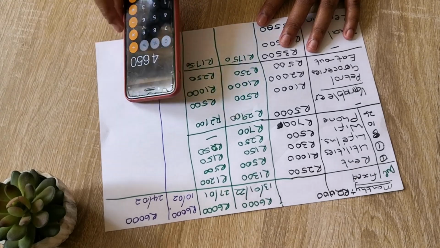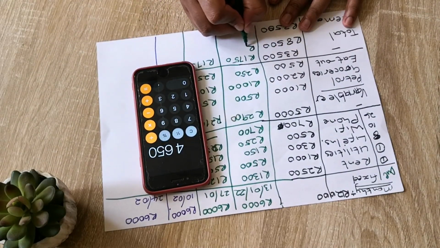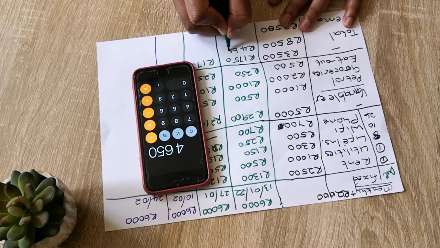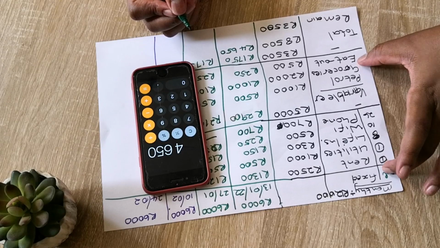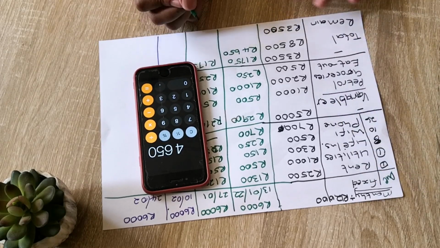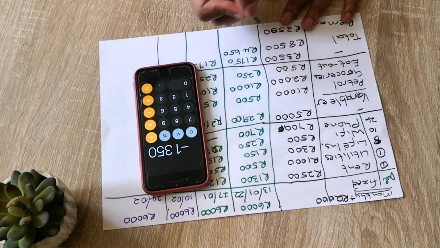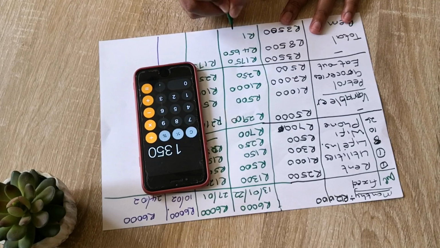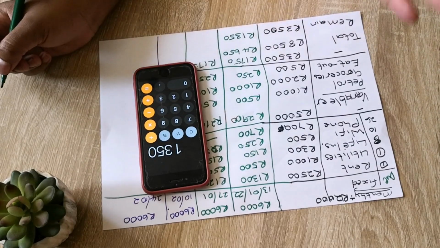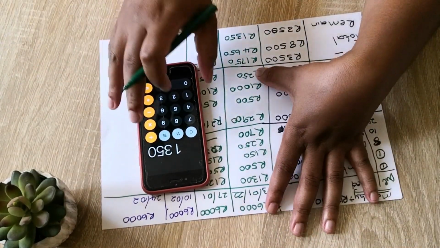Okay, so this is right. So my total will be 4,650 for my expenses. My remaining will be 1,350 for my first paycheck of January, which is on the 13th.